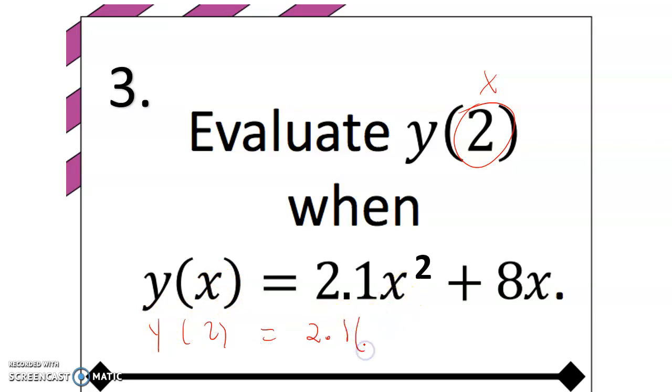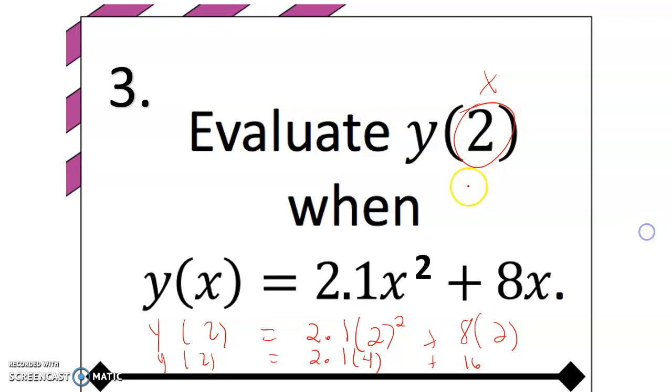As soon as I see x, parentheses, and input 2 squared plus 8. There's another x, so I input 2. So then, next line down, I'm going to say 2.1 times, we always do exponents first, so 2 squared is 4, plus 8 times 2 is 16. Then I just need to multiply 2.1 times 4.